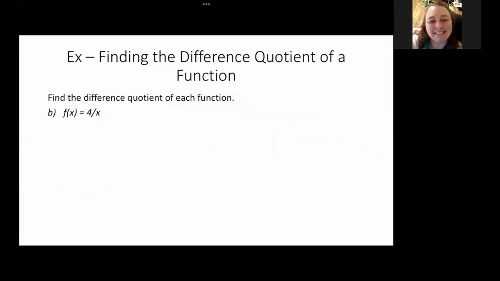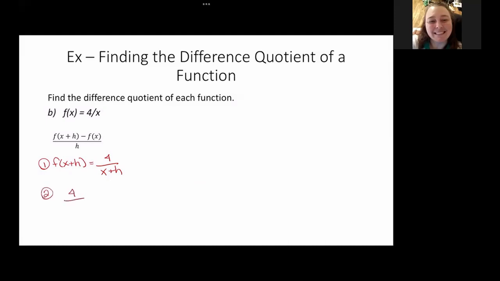So here is my function. First, let's do the f of x plus h equals 4 over x plus h, right? Because you just put that in for x. Okay, so step 2, I'm going to subtract f of x.